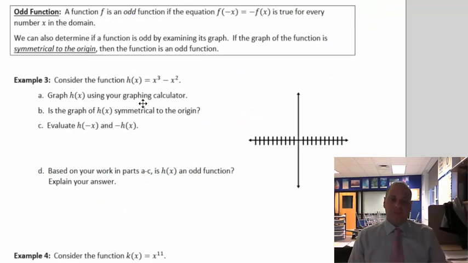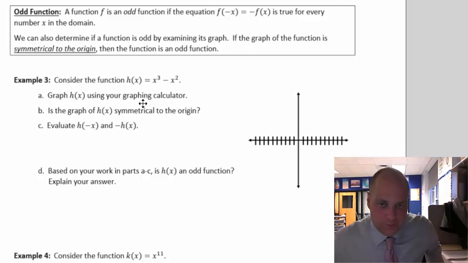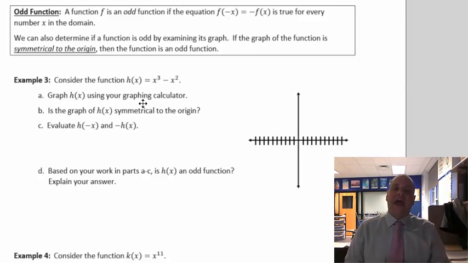So now what's an odd function? A function is odd when f of negative x equals negative f of x. So that's kind of weird. We're going to have to do two things now. It's a little harder to show. And an odd function is symmetrical to the origin, which is the point 0, 0.